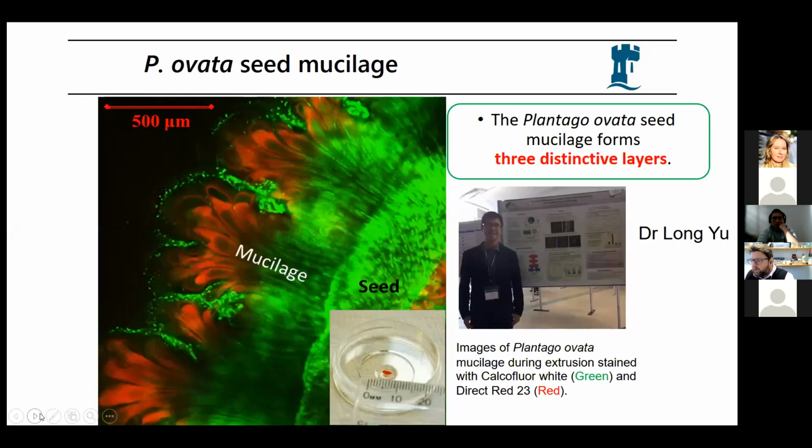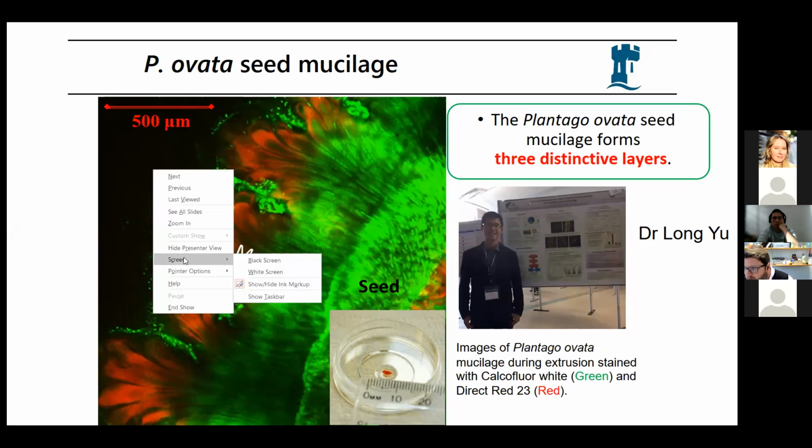And so with my PhD student, Dr. Long Yu now, we've investigated this multi-layer structure of the mucilage. We discovered this, to be honest, by accident, that the different stains would have a differential staining of the mucilage. So we can see that there is this diffuse layer.